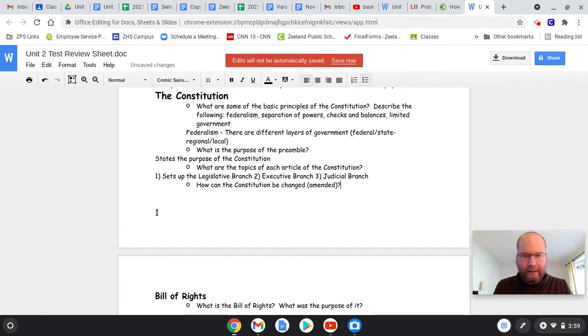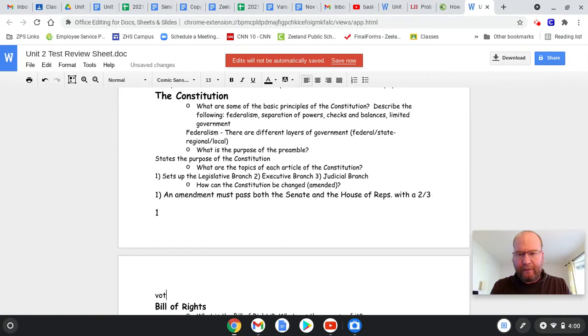How can the Constitution be changed? Remember, there are 2 methods we talked about the other day in class. One is that an amendment must pass both the Senate and the House of Reps with a 2/3 vote.